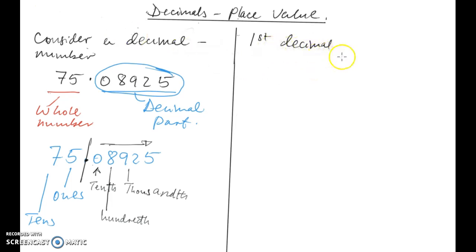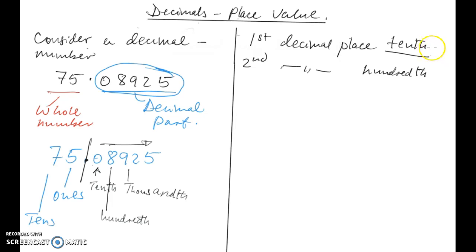First decimal place here stands for tenths. The second decimal place stands for hundredths. This tenth is the same as 1/10, while this is the same as 1/100.